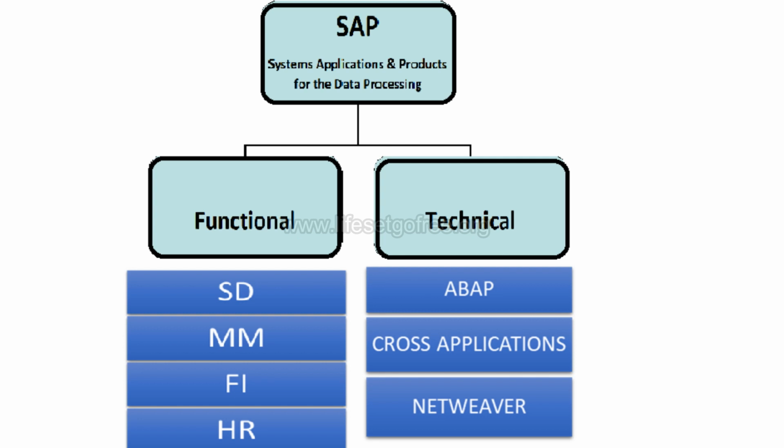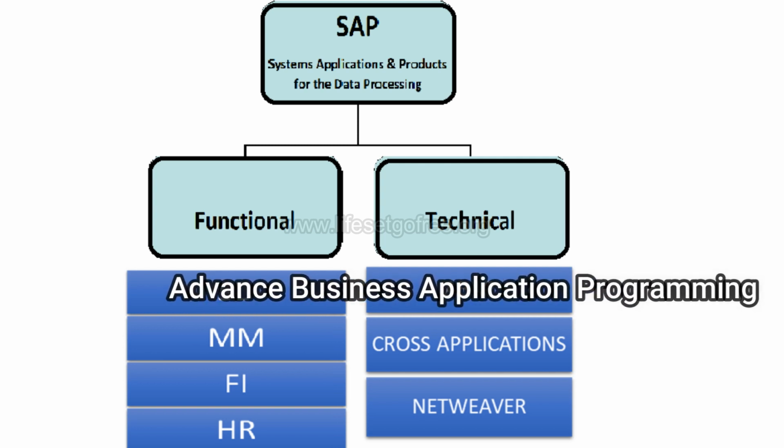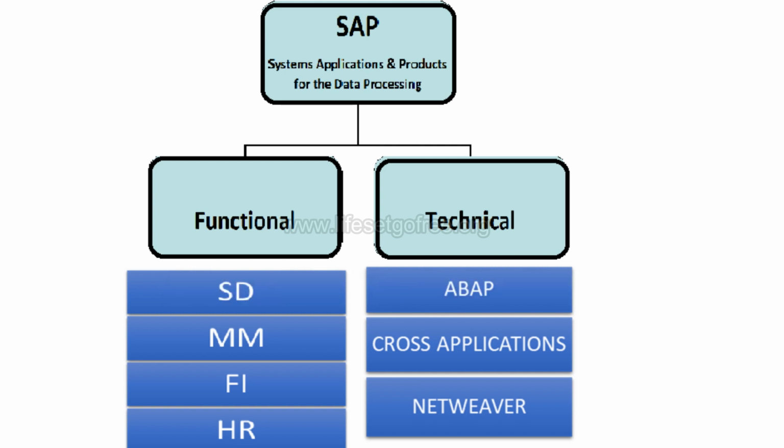What is the technical part of SAP? That means the programming part. The programming part of SAP is nothing but ABAP. What is ABAP? It is Advanced Business Application Programming. This technical part consists of, other than ABAP, cross applications and NetWeaver. We will understand everything in detail because this class is meant to be purely technical for technical people.